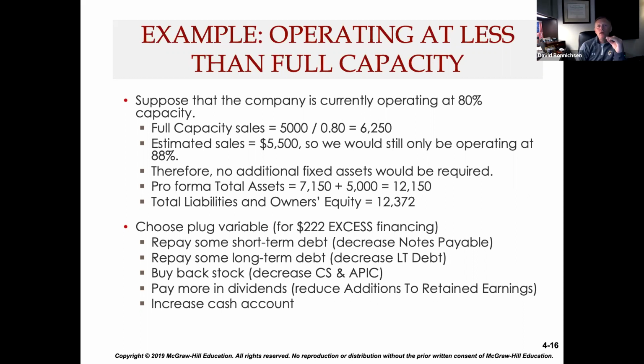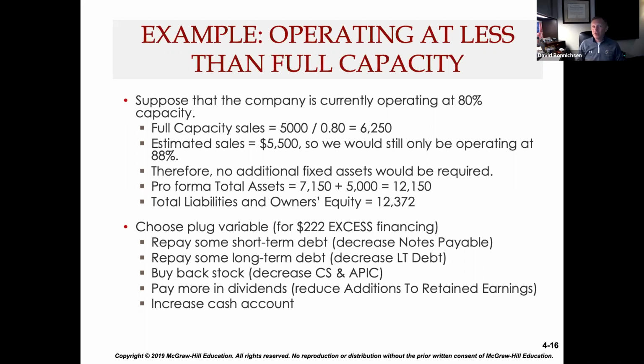We don't need to add fixed assets until we get to the 100% capacity, right? So in the case of Tasha, we took our sales up by 10% to 5,500 as a projection for 2019, and we're only operating at 88%. We're still well below the 100% capacity.